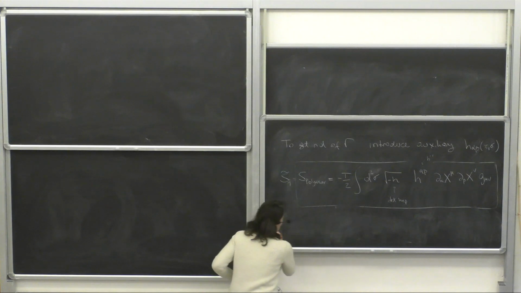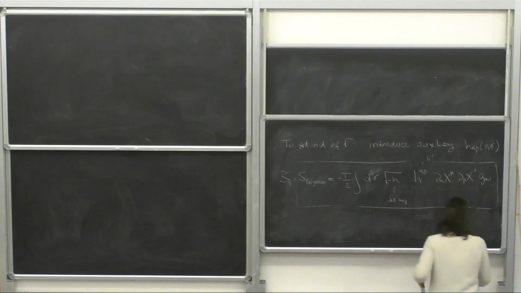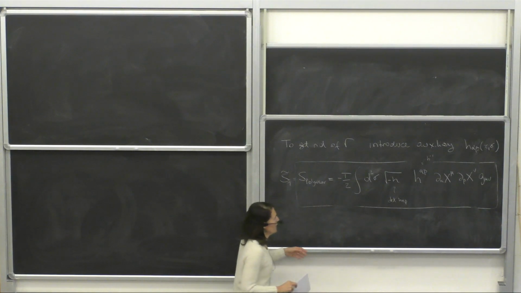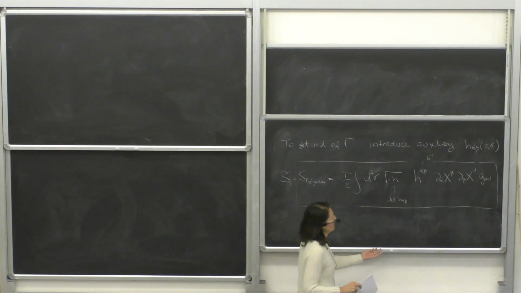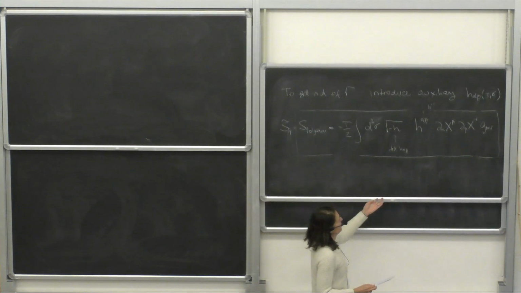So that's the Polyakov string action, which is equivalent, under solving for h_αβ by the equations of motion, to the Nambu-Goto action. So what are the symmetries of this action?